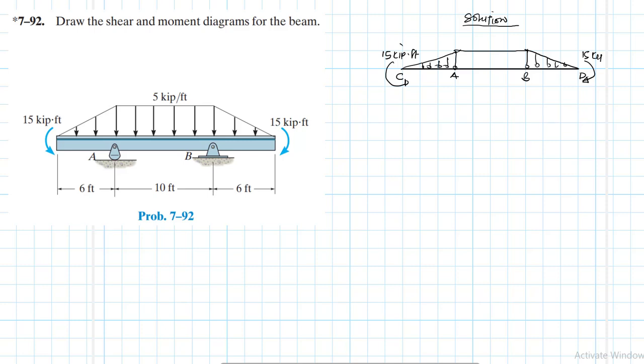Okay, so this makes the problem in fact much easier, which you are going to notice later on. Okay, so there we go. We have this from A to B, which is 5 kips per feet.